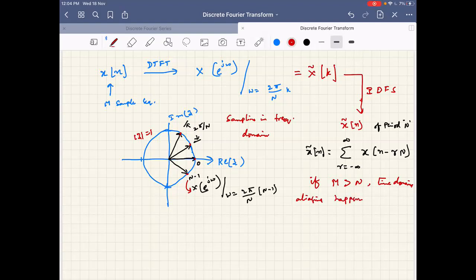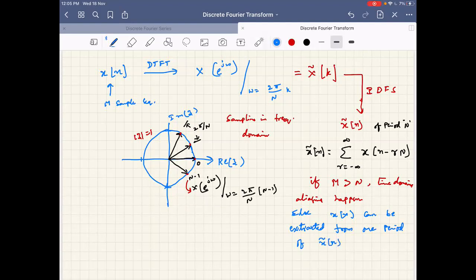Else, x of n can be extracted from one period of x tilde of n, right?